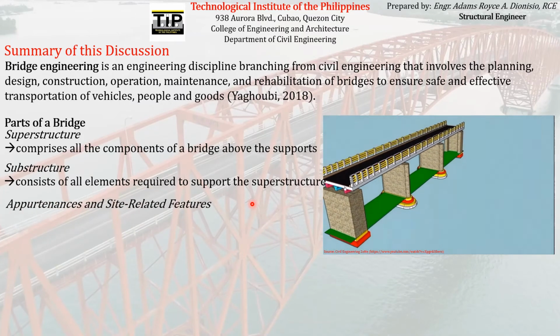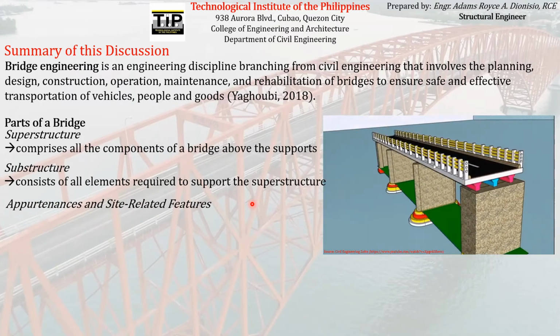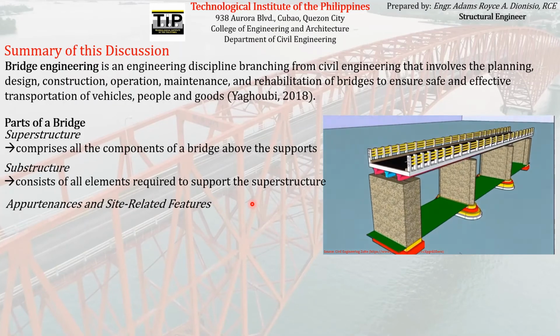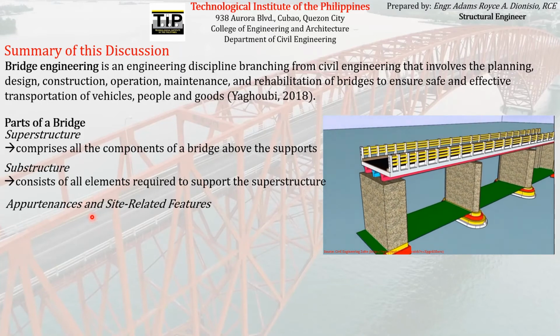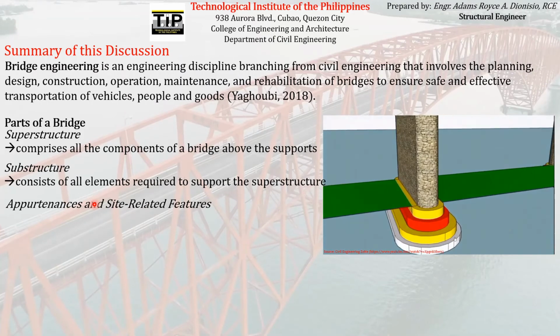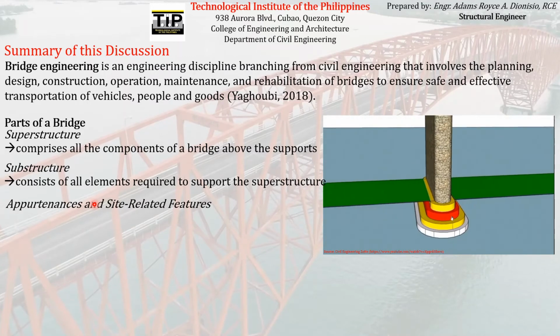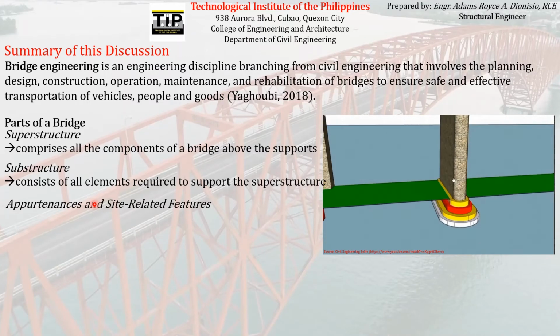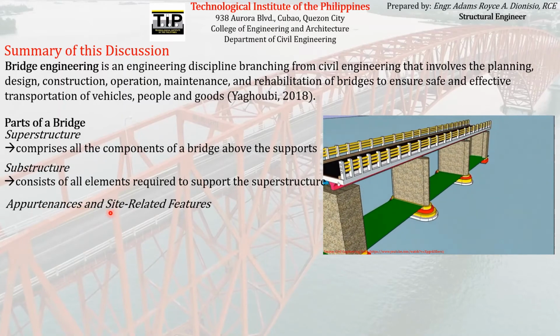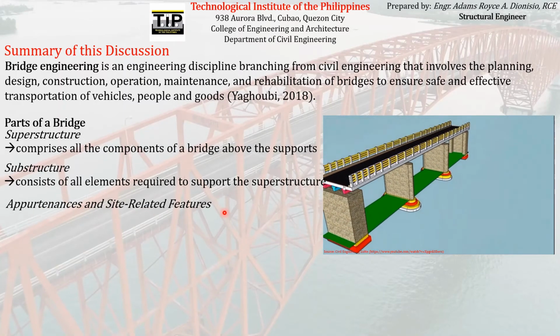And then the last general term that we usually use to describe some parts of a bridge, although these things are not actually part of the bridge, although they still play a vital role with respect to the functionality of the bridge. So we call those appurtenances and site-related features.